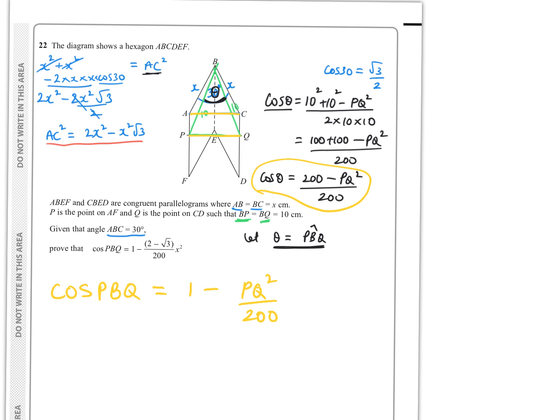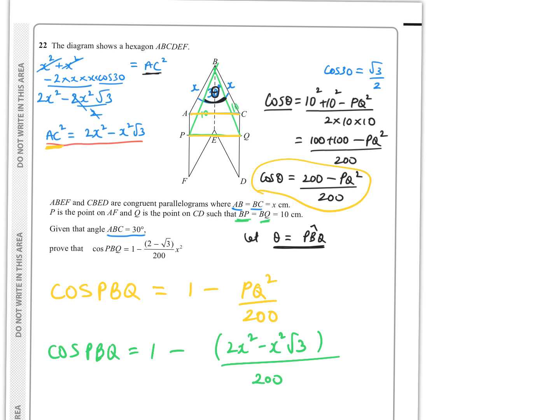But PQ squared must be the same as AC squared because PQ and AC are the same. So let's substitute PQ squared for AC squared, and be careful of the sign here. We've got cos PBQ equals 1 minus, I'll put a bracket round so we don't make a mistake, PQ squared is AC squared, so that's 2x squared minus x squared root 3.